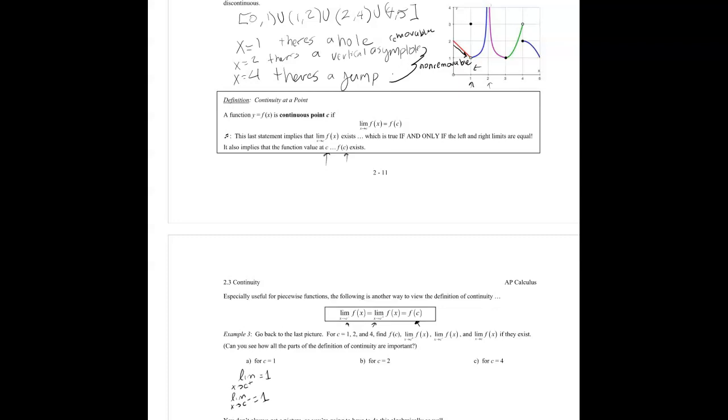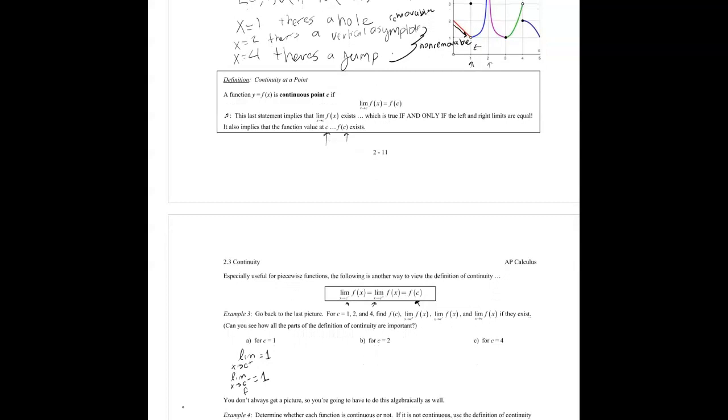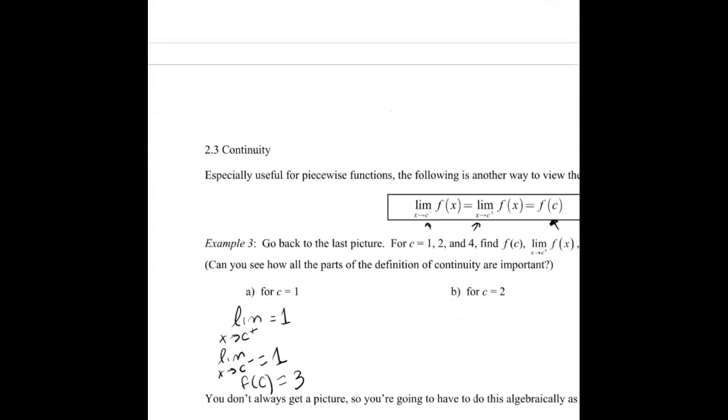But f of c is clear up here at 3. And again, these c's should all be 1s in this particular case, because all we're doing is looking at x is equal to 1 on that graph.